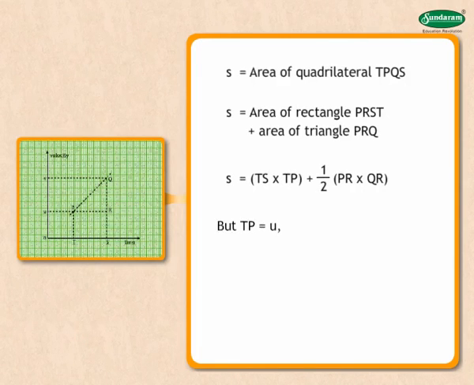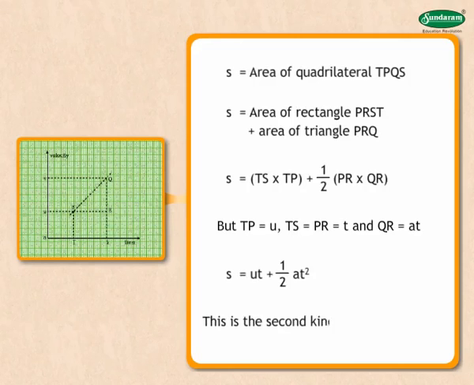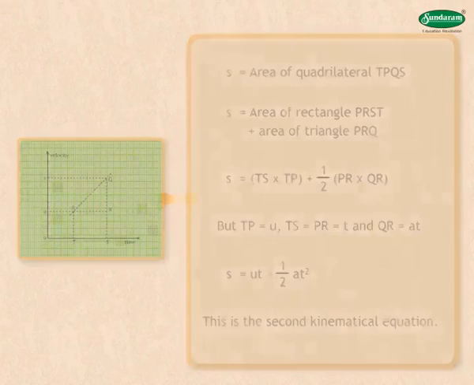But TP is equal to u and TS is equal to PR is equal to t and QR is equal to a multiplied by t. Therefore, on substituting the values, we have s is equal to u multiplied by t plus half multiplied by a multiplied by t square. This is the second kinematical equation.